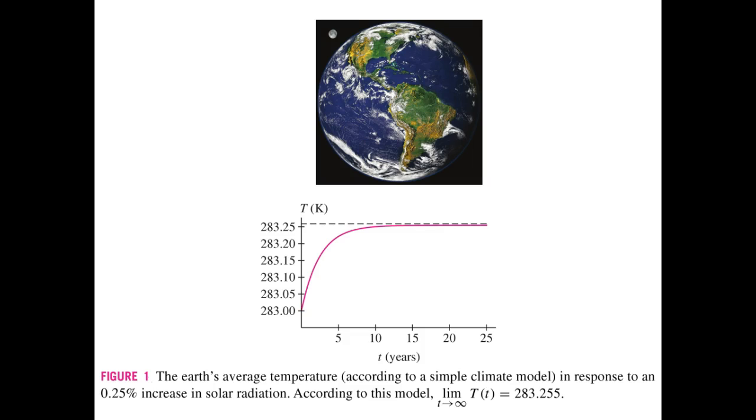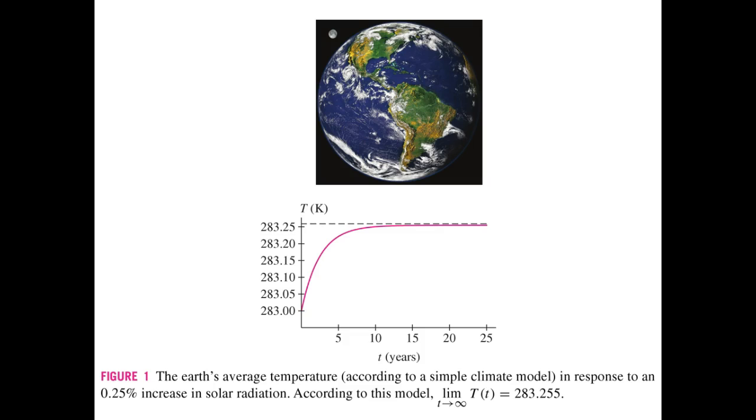But here, according to some simple climate models, let's just assume this is our current average temperature, 283 K, which is Kelvin temperature, and you were to increase the solar radiation by 0.25%. A quarter of a percent.